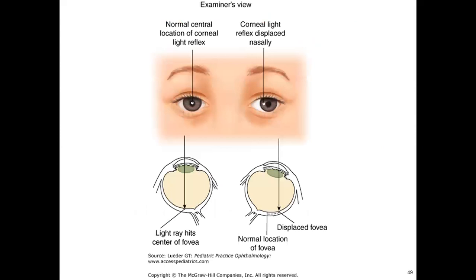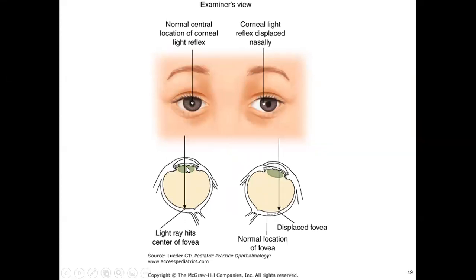So here is a picture we see. This is the pupil and this is the sclera and eyeball. This is the normal central location of the corneal light reflex.